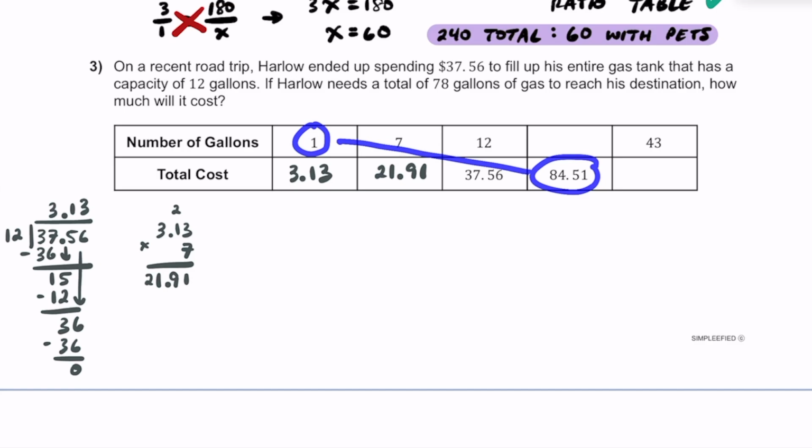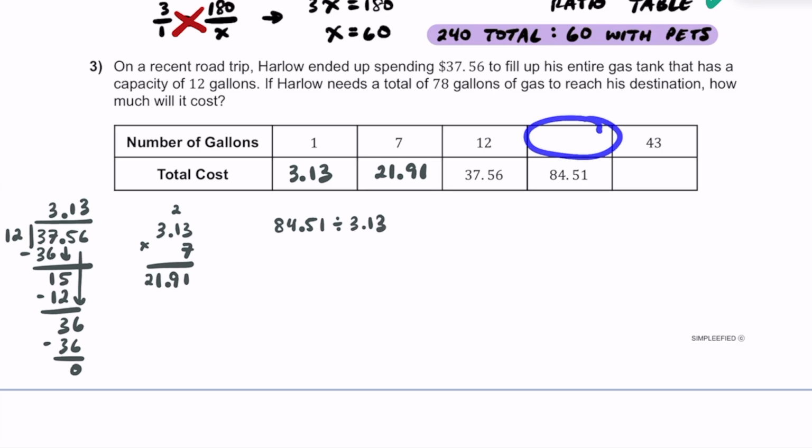And that means that this 313 multiplied by this number here should also be 8451, right? So we basically can say, okay, this 8451, if we divide that by 313, we should find out what this empty box is right over here, right? We could probably estimate that it's somewhat around 4 times bigger than here, roughly. So it should be around maybe 28 or so if we multiply 7 by 4, right?